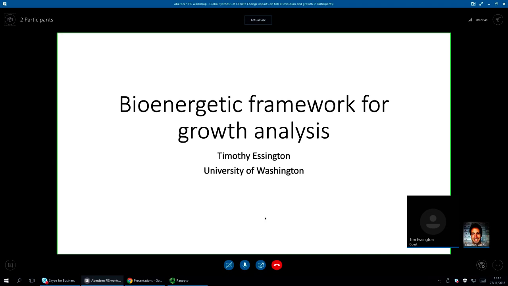Okay, the basic thing I'm going to try to do is think about growth from a bioenergetics framework and link that to the growth models and size and age models we use a lot. Maybe this is obvious to everybody, but the thing I find both fascinating and frustrating about being interested in growth is that growth is a lot like mortality.